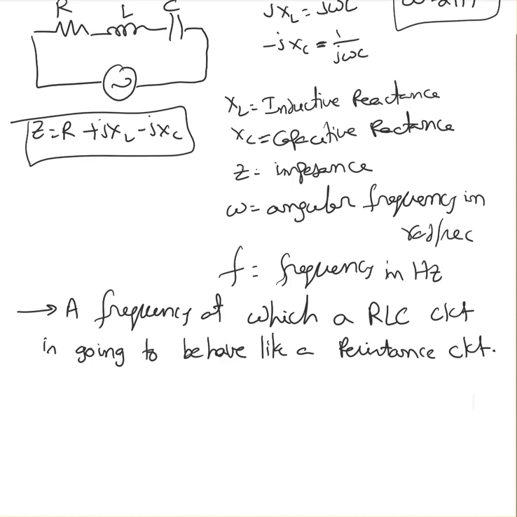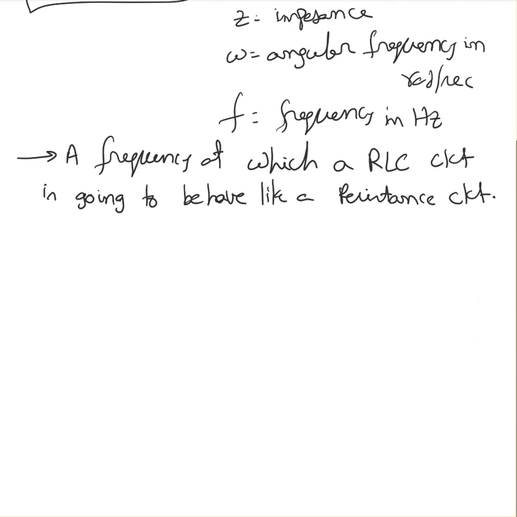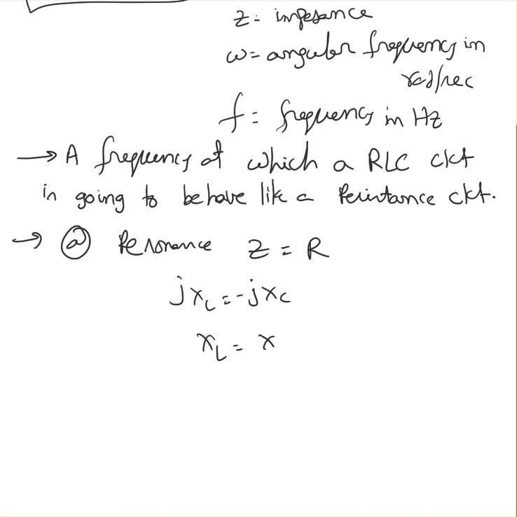So if you look at the RLC circuit, at resonant frequency, impedance equals R. So basically jXL equals jXC, so XL equals XC.